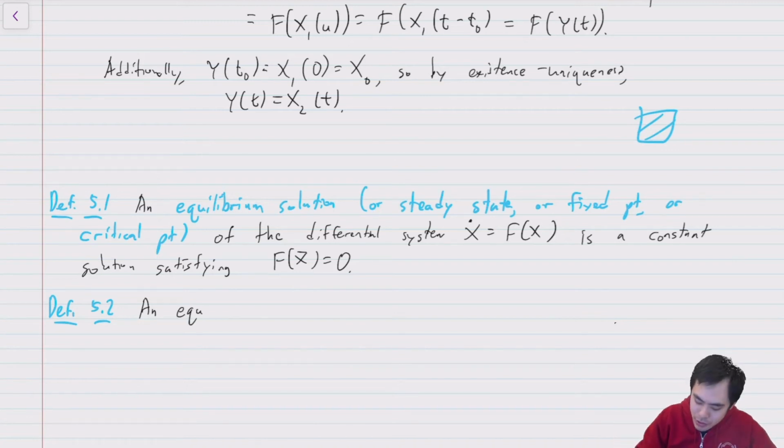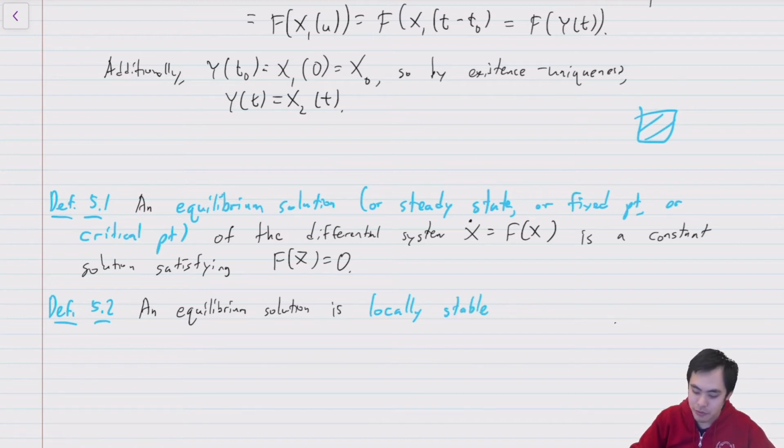So let's talk about local stability first. And I think global stability will be in a different section. But so an equilibrium solution is locally stable. And this definition will exactly match the definition you should compare this against, definition 2.3 from chapter 2 for difference equations.